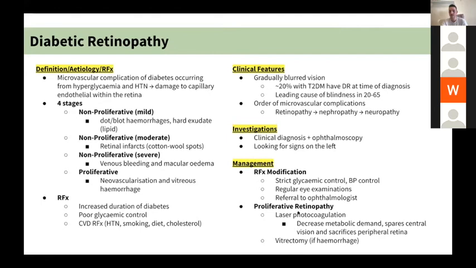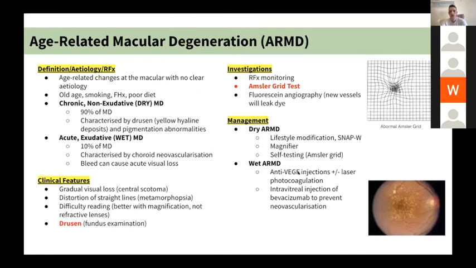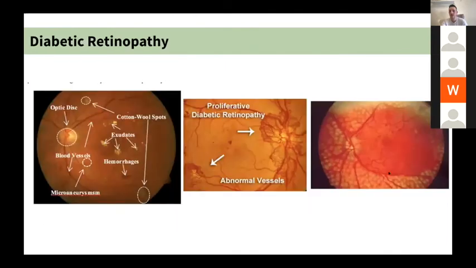But specifically for proliferative retinopathy, when we have new blood vessels growing, we can do a few things. Laser photocoagulation is this here. You use lasers to get rid of all the peripheral new blood vessels, and you decrease the metabolic demand of the eye.